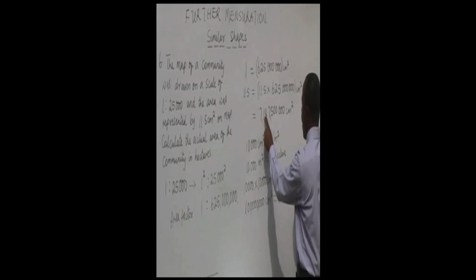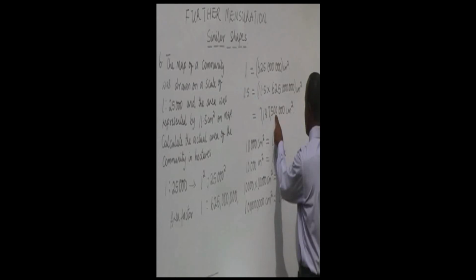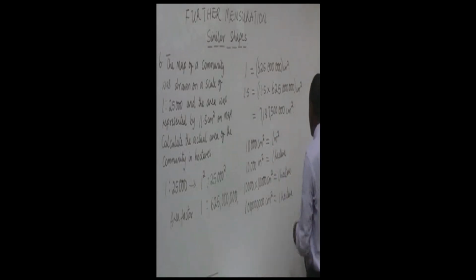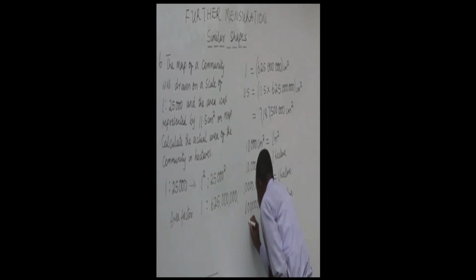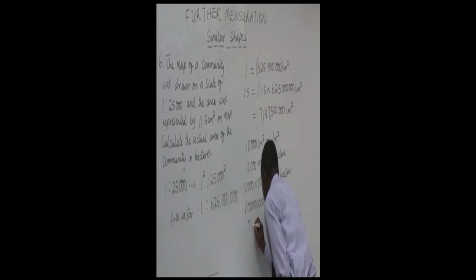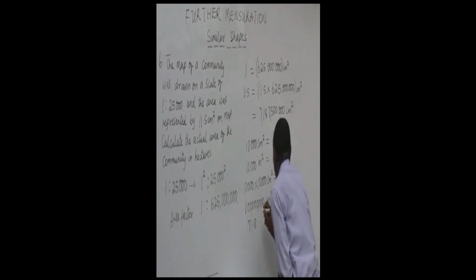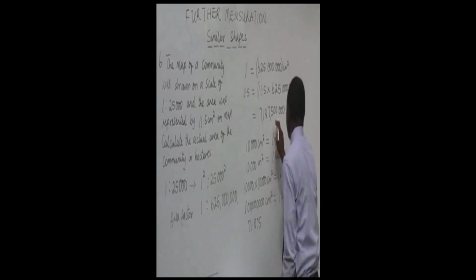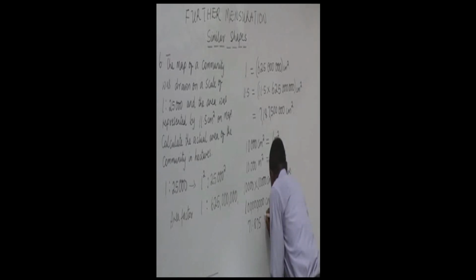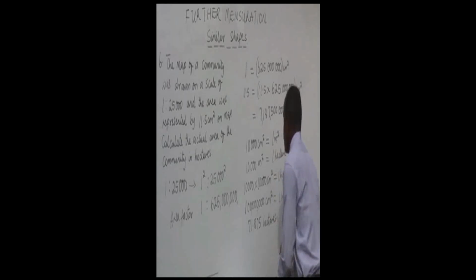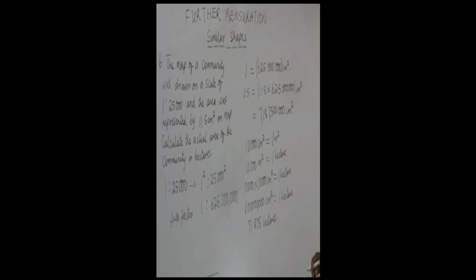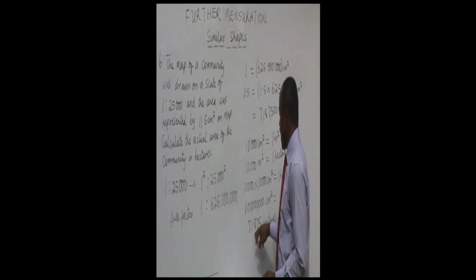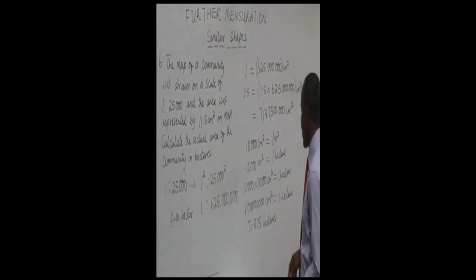It will now be 71.875, with 5 decimal places. All these zeros have no meaning. So that community measures 71.875 hectares.